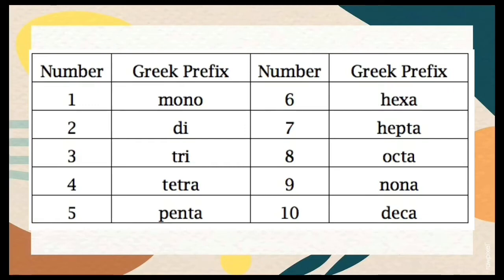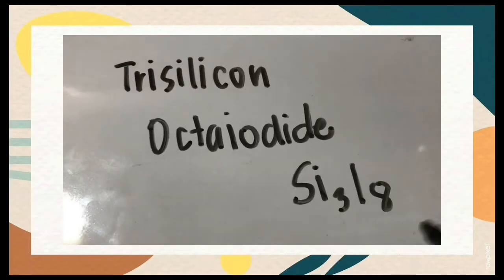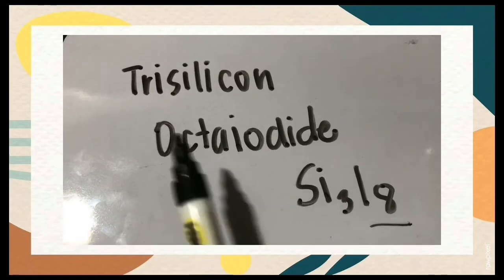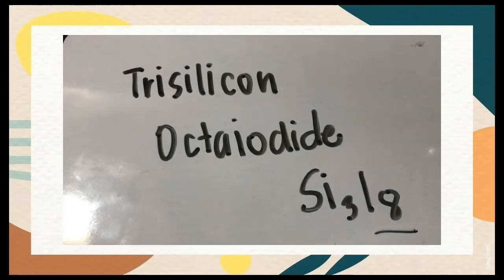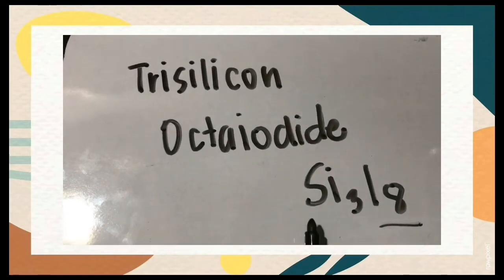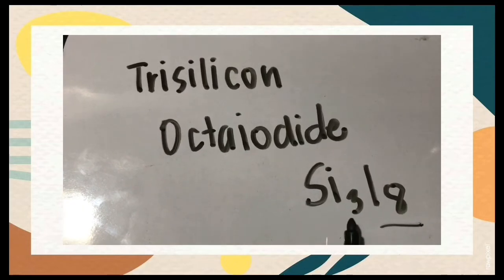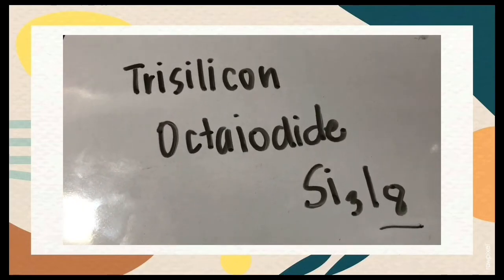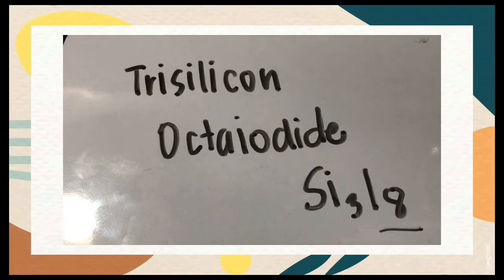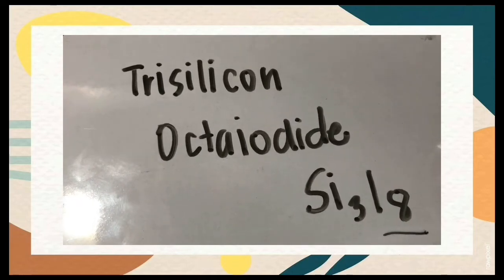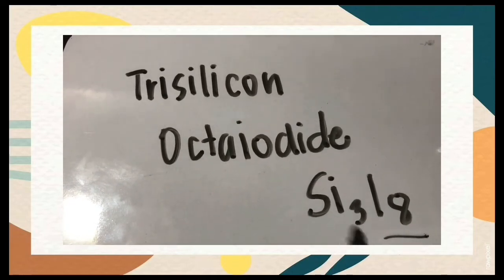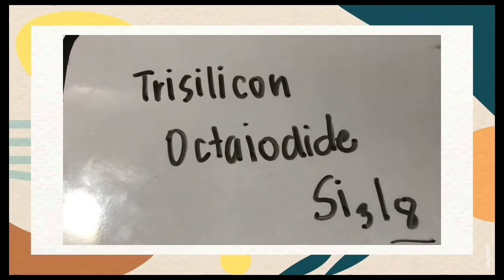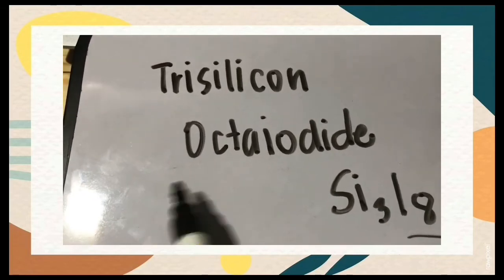In this case, the second element is present 8 times, so it has the prefix octa. If the first element is present more than once, you must also specify the number of times it is duplicated, just like what we have here. The first element is silicon, and it is present thrice, so it has the prefix tri. That's why it is called trisilicon octaiodide.